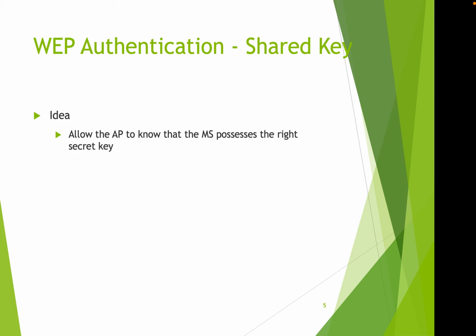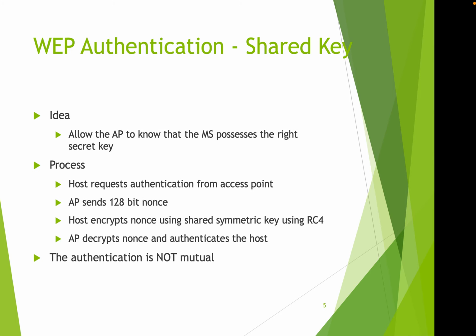The idea is based on a shared key. It allows the AP to know that the MS possesses the right shared key, so I have to have the shared key set up before that. The process: the host requests authentication from the access point, the access point sends a nonce, and the host encrypts the nonce using the shared key, using RC4.